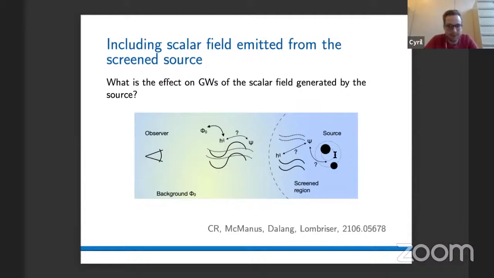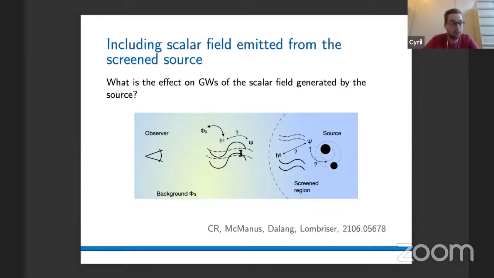We found that there are mainly three places where the scalar field can affect the gravitational wave. While it's still in the screened region, the scalar field can slightly affect the gravitational wave. Even if it's screened and small, it would still affect the gravitational wave at the beginning, before it reaches the unscreened region. Also, because we now have a scalar field, it modifies the equation of motion for the source, so the source does not orbit in the same way, and the gravitational wave would be influenced.